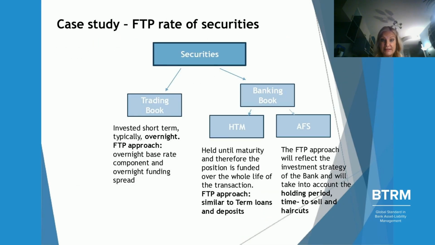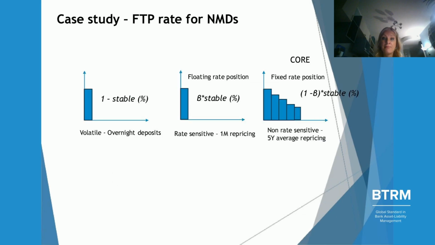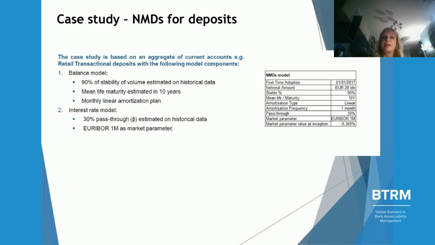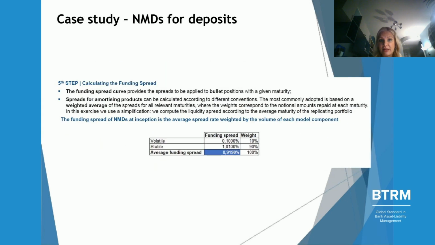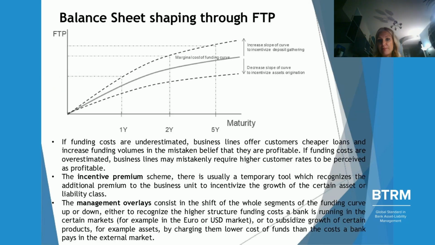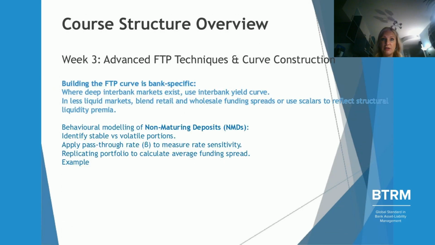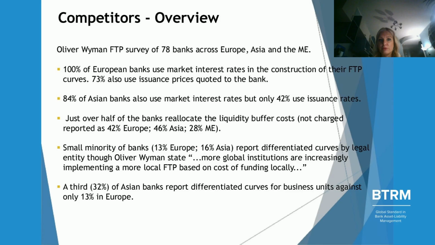Of course, we'll analyze every single product in detail, including the behavioralization aspect, where we go through how we model NMDs, what the core portion is, what the rate-sensitive portion is, and how we price them. But then we will focus in detail on FTP techniques of curve construction, so how we construct the curve.